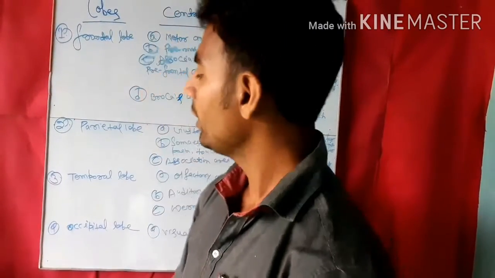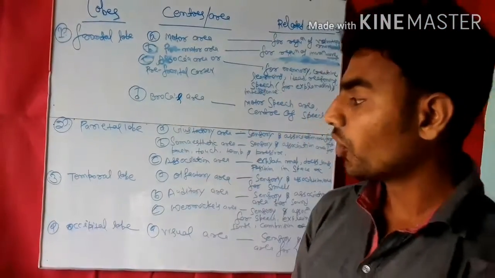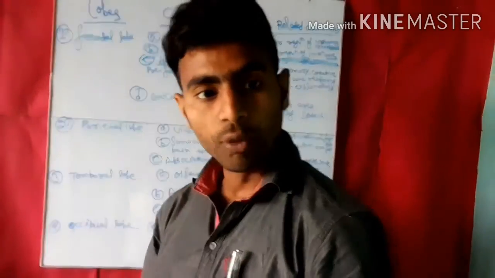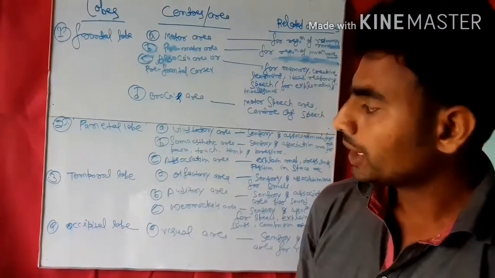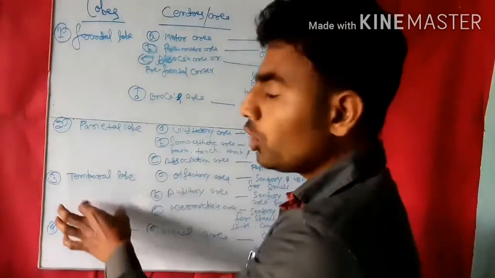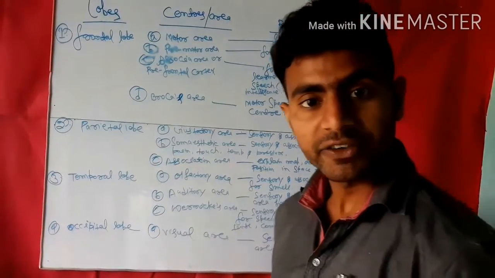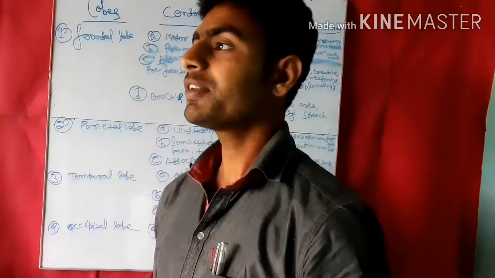Okay, and third, that is the temporal lobe. The temporal lobe is also present in the cerebrum. And in the temporal lobe, three centers, three areas are present.